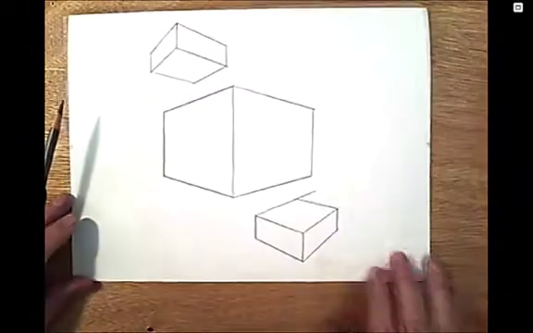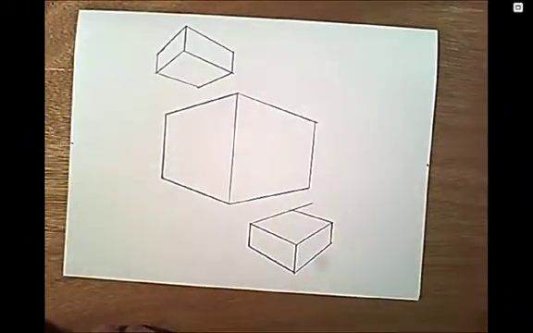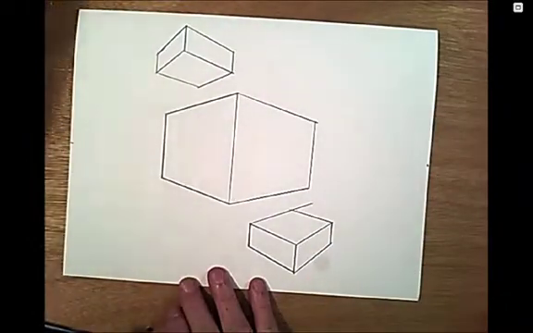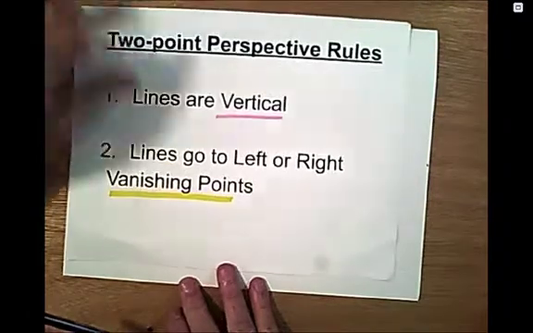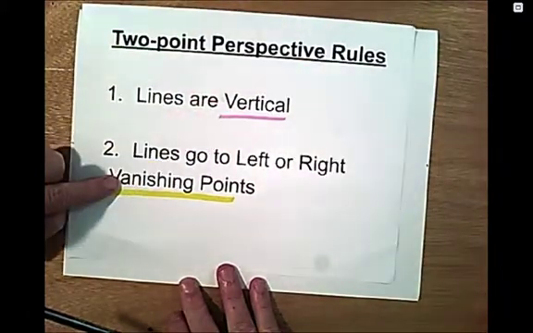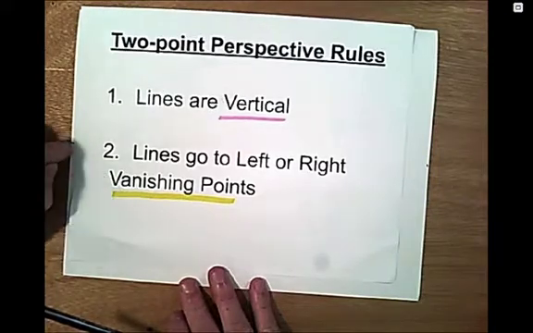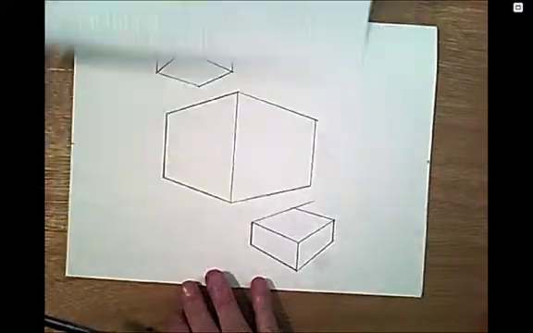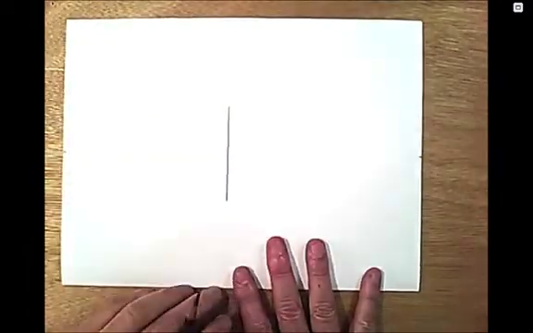So here I am. I think we're going to try to make a drawing similar to this. And this drawing is going to use only vertical lines, or lines that go to these vanishing points. I've prepped my paper, and I've drawn two dots, one on the left, one on the right, as far apart as I can get them.